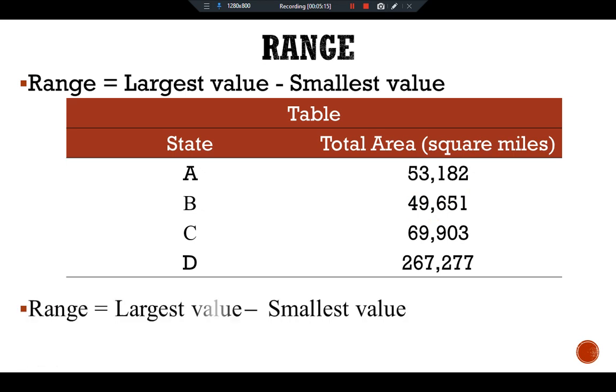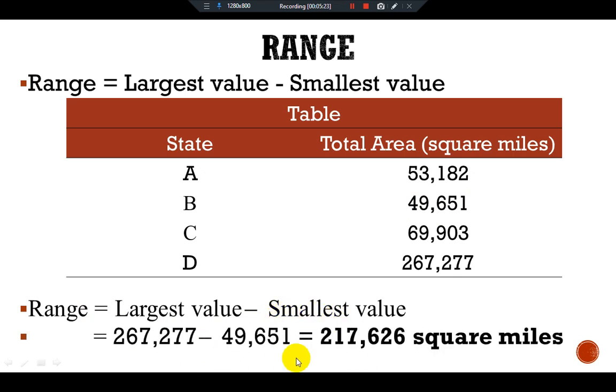So using the range formula, the largest value minus the smallest value, we get the range, that is 217,626 square miles.